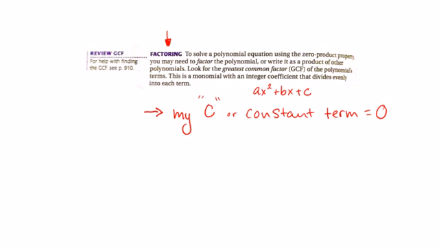So that's just something to look out for. You are not going to see a constant term. You are going to see a couple of other terms here, and you're going to have to find the greatest common factor in order to actually go through the full solving process.